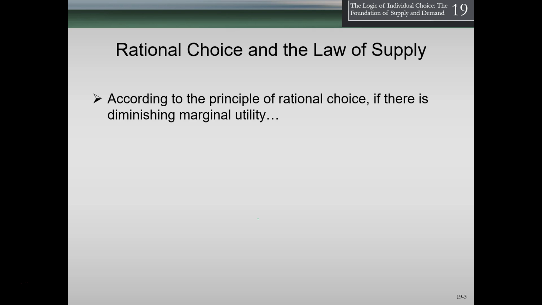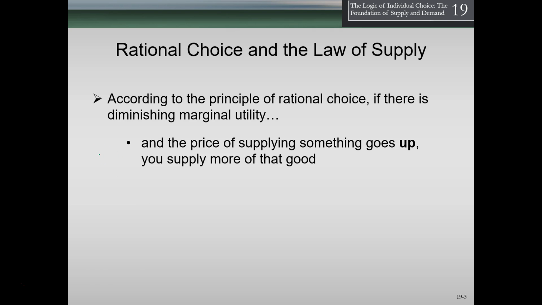Rational choice and the law of supply. According to the principle of rational choice, if there is diminishing marginal utility, then marginal utility and the price of supply, something goes up, you supply more of that good. So same kind of idea, meaning that if the price goes up, then of course we as the producers are going to want to supply more of it.